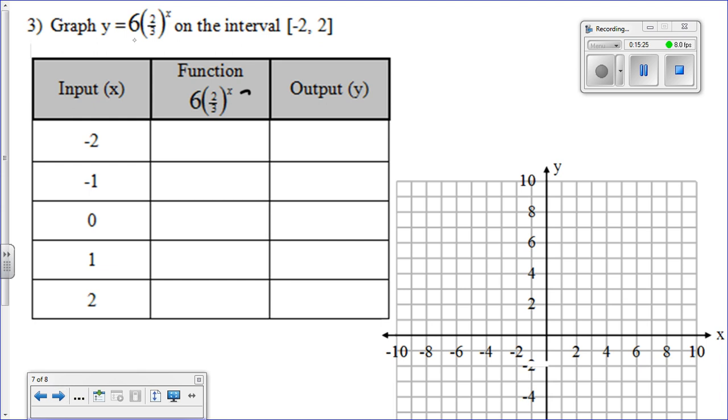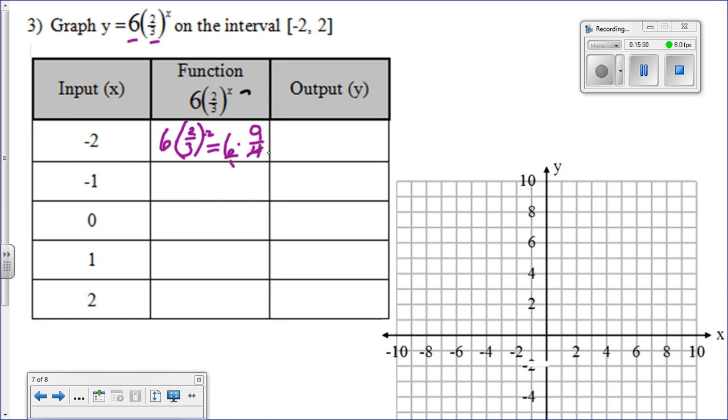This is going to be 6 times 2/3 to the x power. So this is kind of an interesting one. So we're going to do 6 times 2/3 to the -2nd. So that's 6 times, let's see, let's flip this and square it. That would be 9/4.